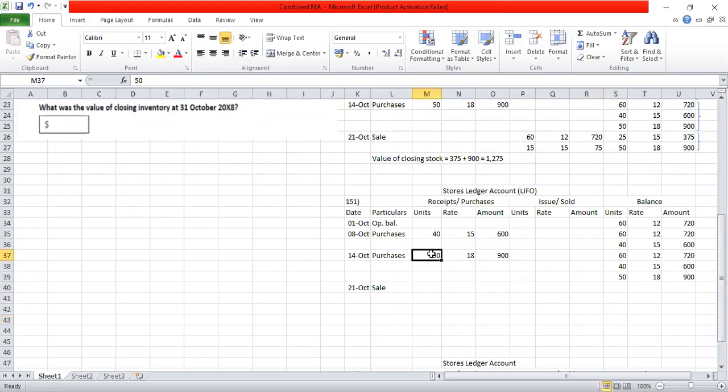So these 50 units will be taken out for sale. So this is the cost of those units which are sold. But altogether 75, so 50 are accounted from the last lot. 25 will be taken from the lot before that, which is on 8th October. So another 25 units at the rate of 15.